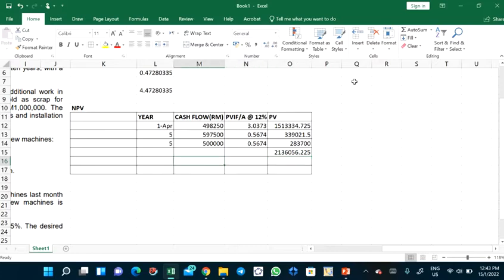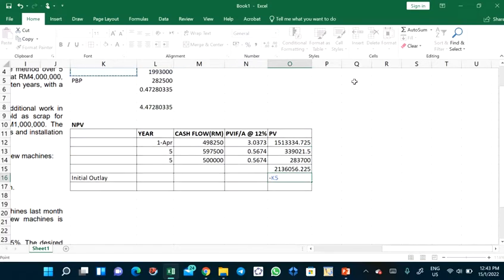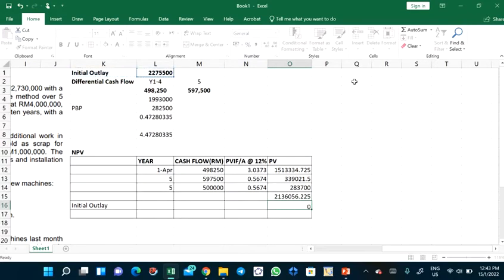This one will be the initial outlay. Initial outlay kita negative. Okay, itu initial outlay kita.